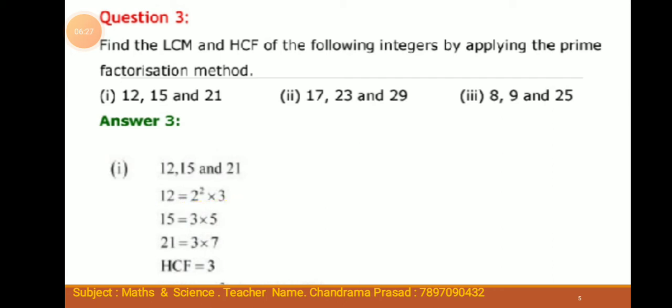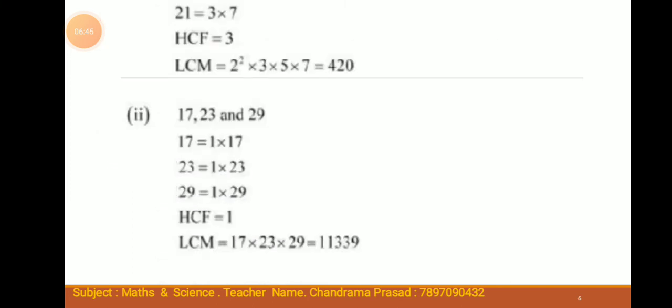Now, write the prime factors: 12 equals 2 power 2 into 3, 15 equals 3 into 5, 21 equals 3 into 7. Therefore, HCF equals 3 and LCM equals 2 power 2 into 3 into 5 into 7 equals 420. This is the answer.